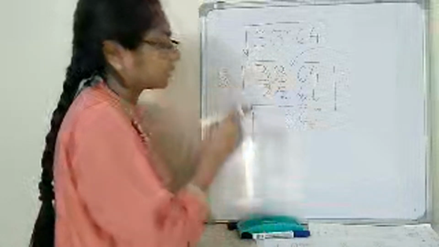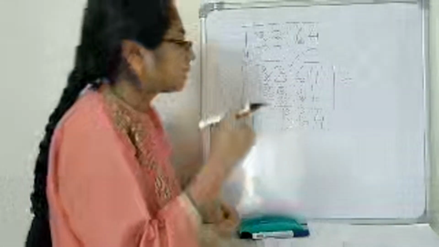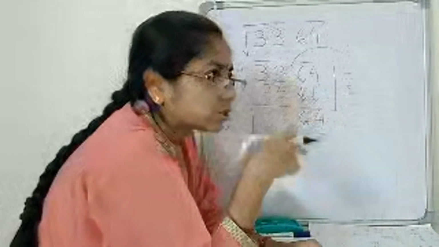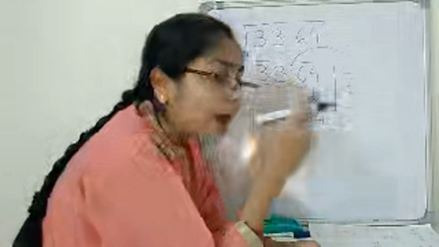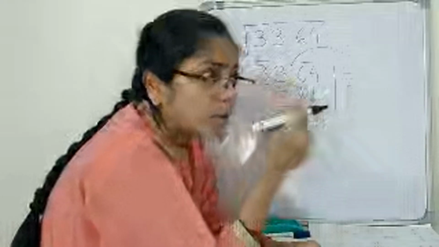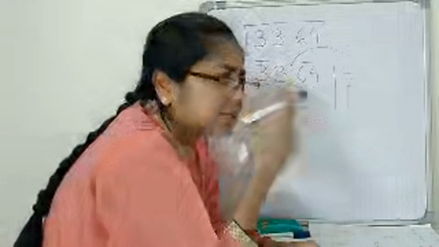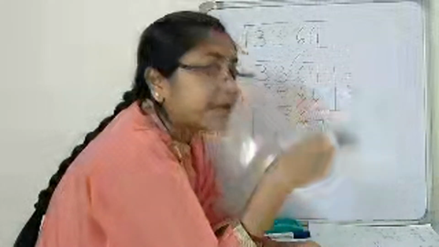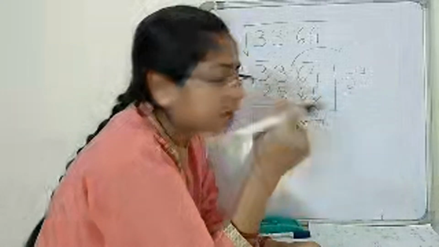Double 5. What is the double of 5? It is 10. Now it is 4. Now I put any number on this side. Now check. This is a trick. You check 1 square, 2 square, 3 square. Where does the last digit 4 come? 6 squared is 36, 7 times 7 is 49, 8 times 8 is 64. I think it should be 8.